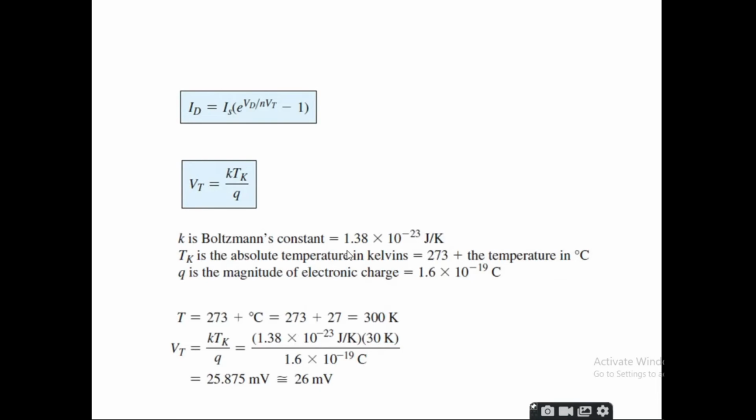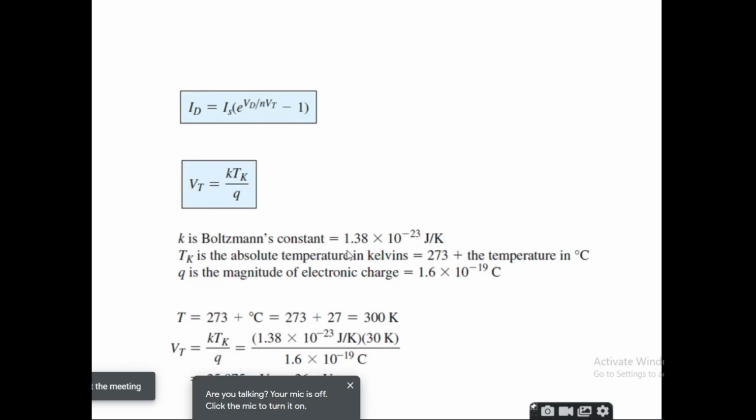Now this is the equation that I had just discussed. The Boltzmann's constant has a value of 1.38 into 10 raised to minus 23 joule per degree Kelvin. Whenever we want the temperature in Kelvin, if you know the temperature in centigrade, you add 273 to it.